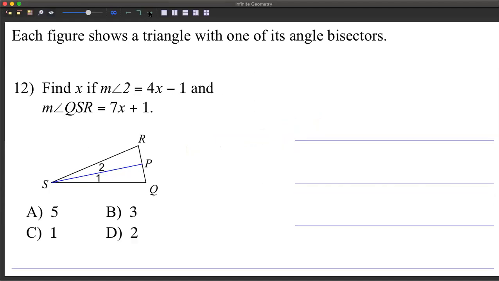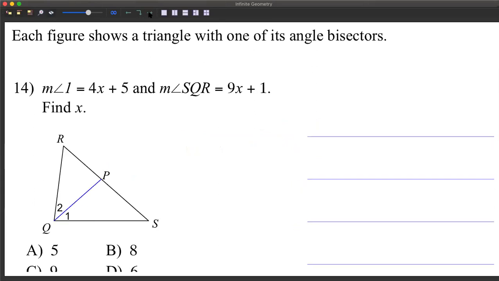All right, and then you have to be careful because they're going to switch it up on you with one like this. These are the kind that we were just trying in the notes. So if angle 1 is 4x plus 5, but then SQR, the whole big angle, is 9x plus 1.